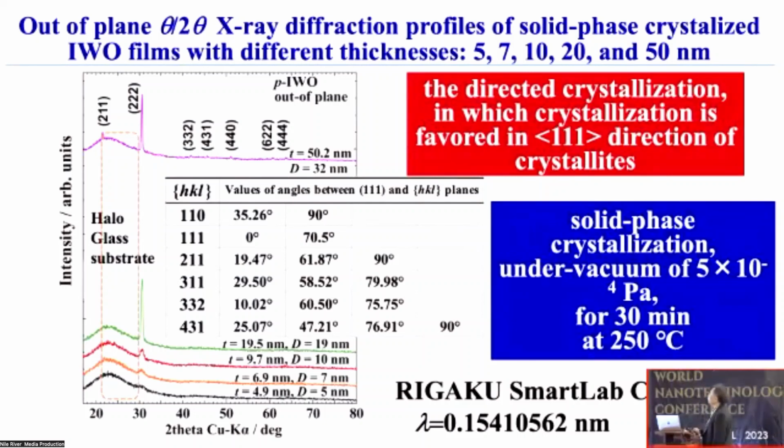In other words, this is directed crystallization, in which crystallization is favored in the 111 direction. I'd like to note again the solid-phase crystallization condition: under vacuum, for 30 minutes at 250 degrees C.